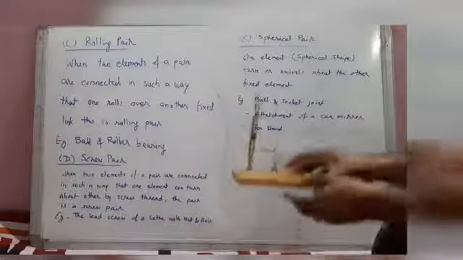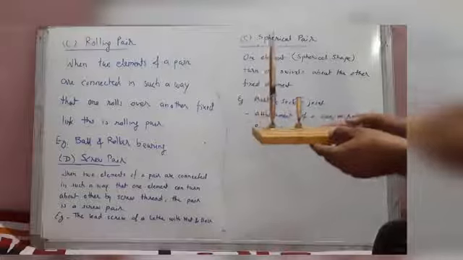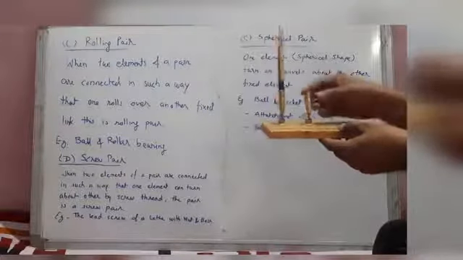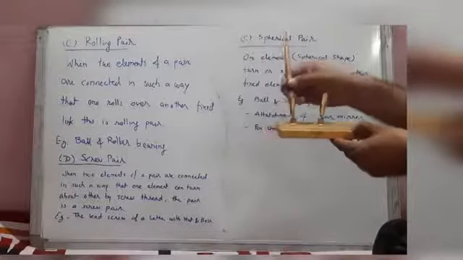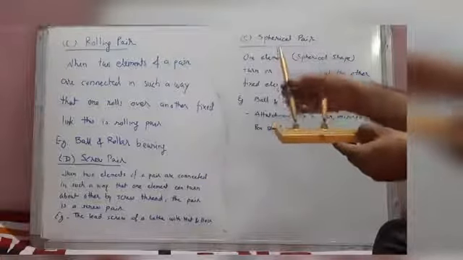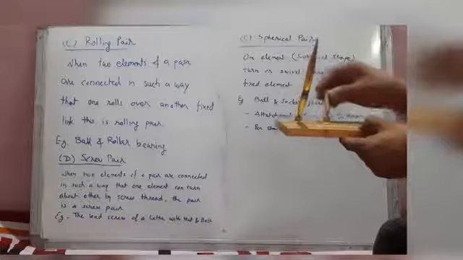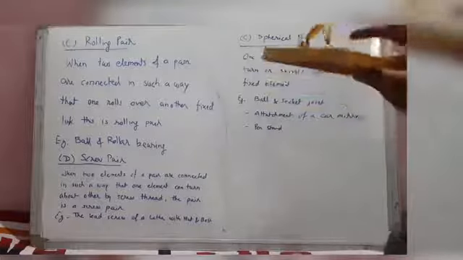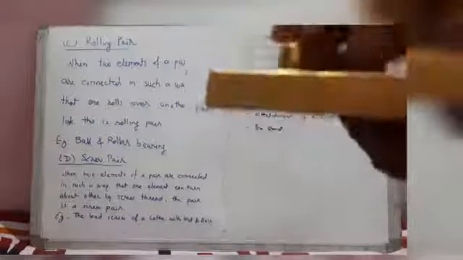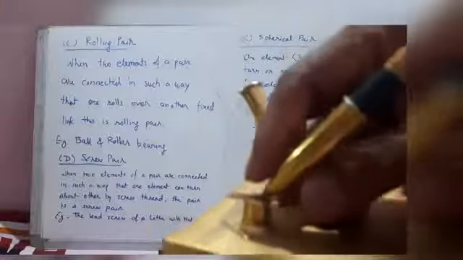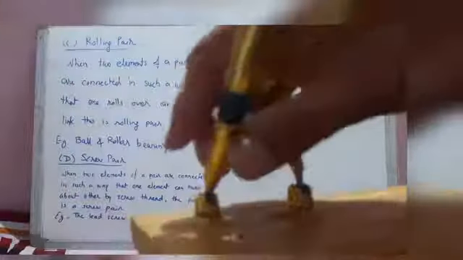Here you can see the pen stand, and this officer can use it from this side or can use it from this side. Here this is the spherical member. This is the spherical member, and this provides this type of motion.